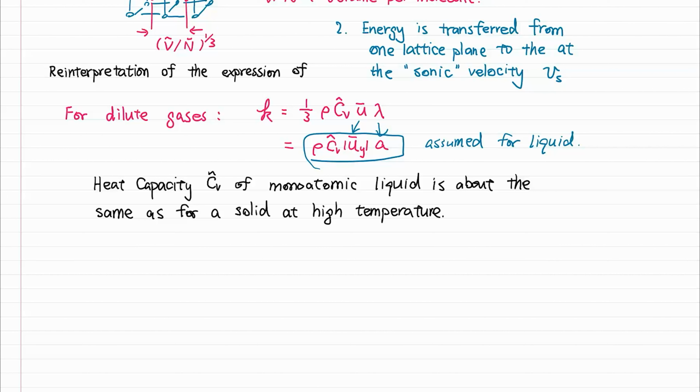Okay, so it's given by the following formula where C sub V equals 3 times the Boltzmann constant divided by the molecular mass. This is called the Dulong and Petit formula.